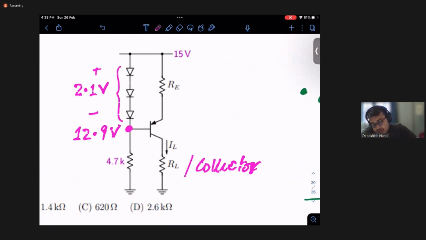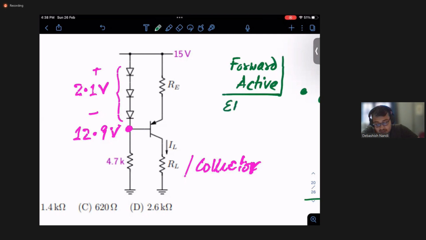If it is 12.9 volt, this has to be in forward active, right? Forward active means emitter base junction forward bias. That means VEB is 0.7 volt.